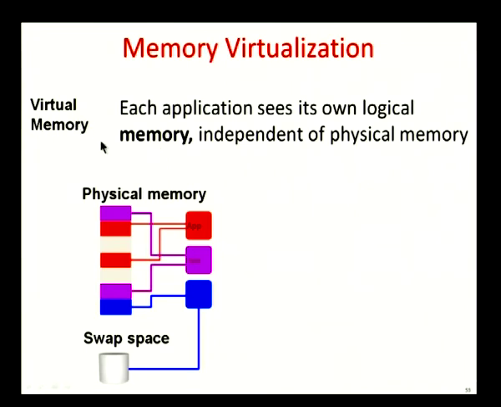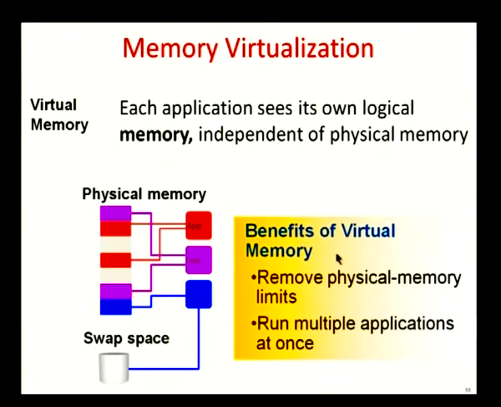That is called virtual memory. So, you have the physical memory and different applications making use of parts of it, and the swap space brings the particular part into the RAM whenever it is being executed. That is the concept. So, what are the benefits of virtual memory? It removes the physical memory limits, and it runs multiple applications at once. So, this is the concept of memory virtualization.